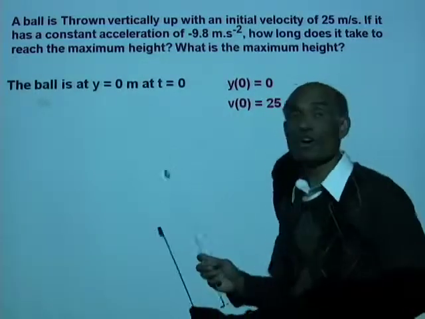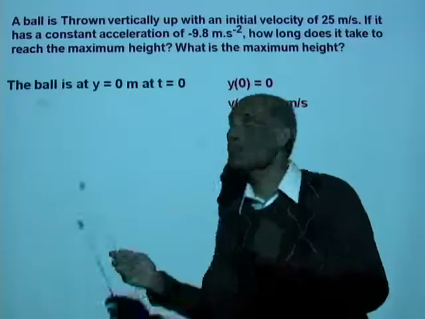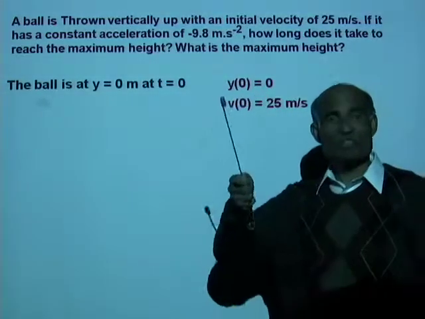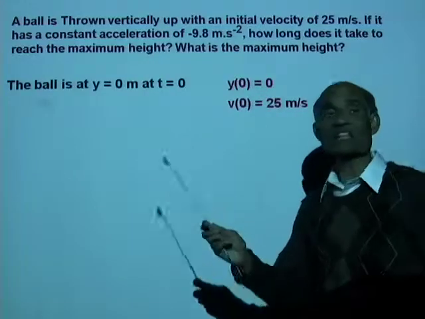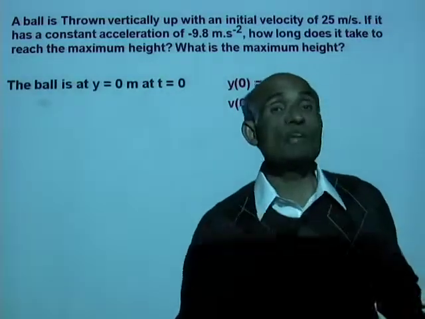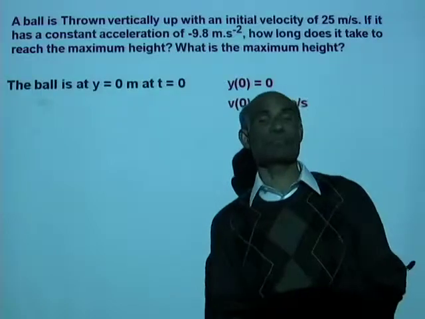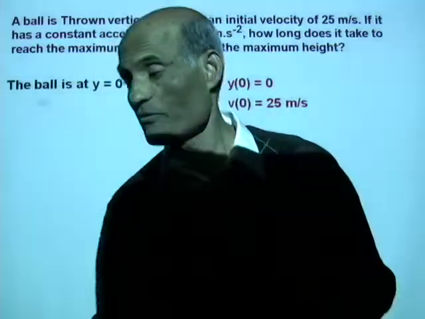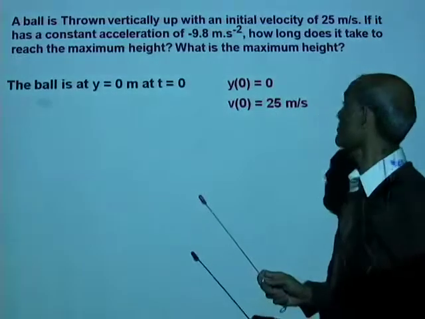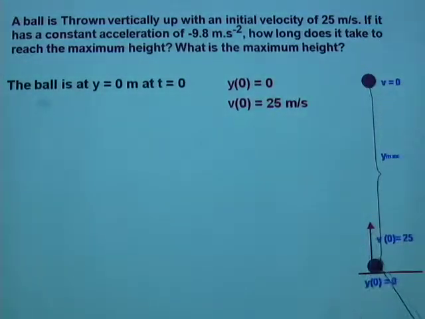And also we know we threw the ball with this velocity. That means when you start the clock at t equal to 0, the ball has a velocity. That's the only way you can actually throw something up. You got to give it an initial velocity. So v0 is 25 meters per second. That's right, this ball is given an upward velocity.